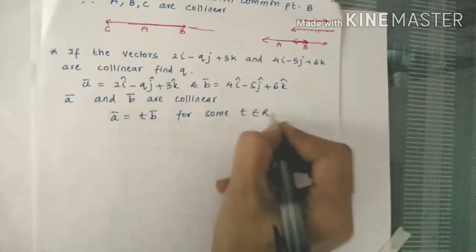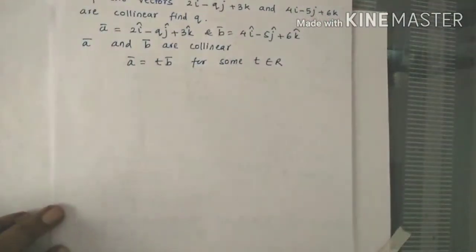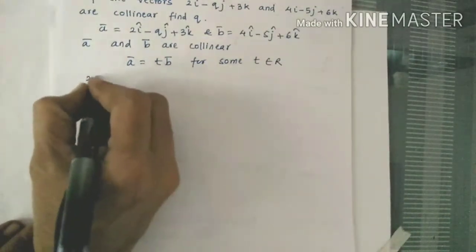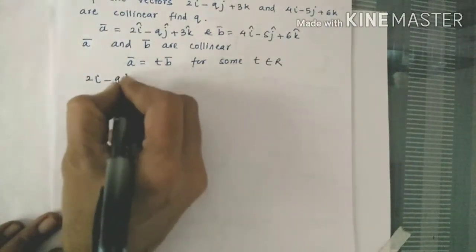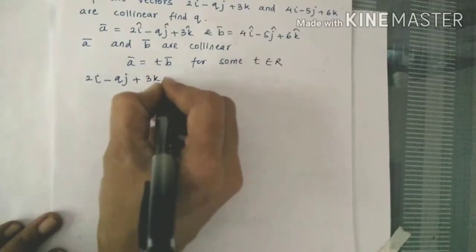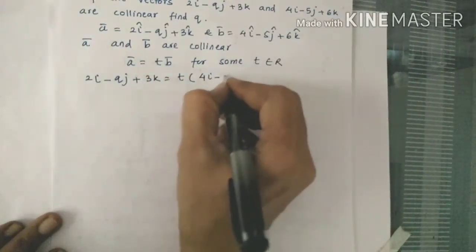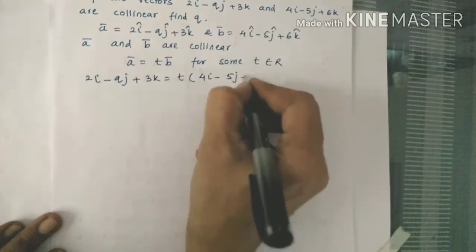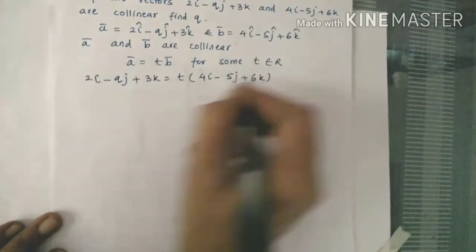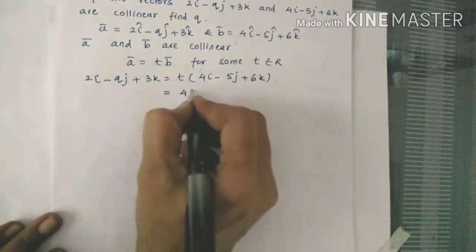Now let's substitute A bar and B bar here. A bar is 2i minus qj plus 3k equals t into B bar, 4i minus 5j plus 6k. Let's multiply here by t.